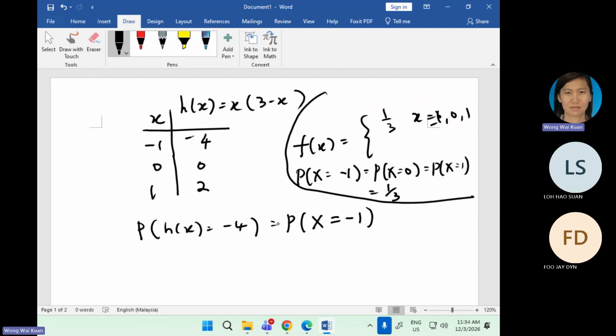Okay, so now if that's the case, how can my h(x) equal -4? My x needs to be -1. So my x is -1, so this probability is 1/3.